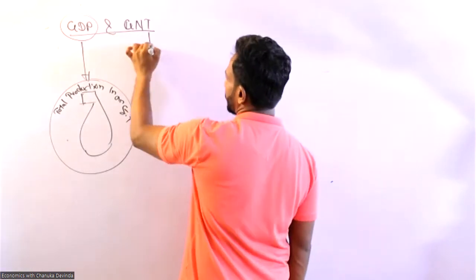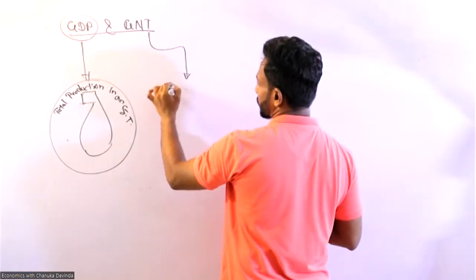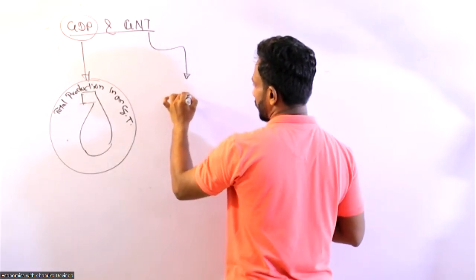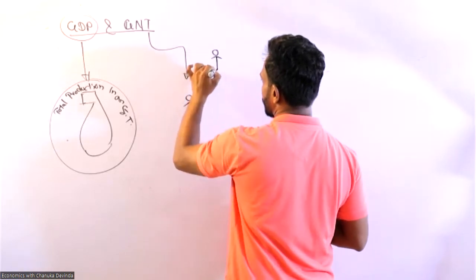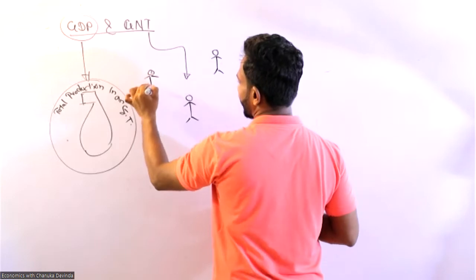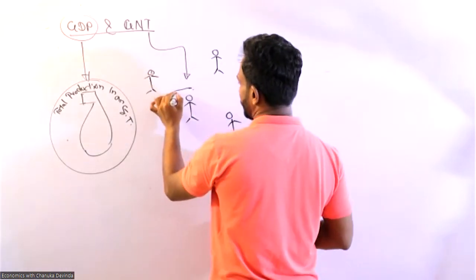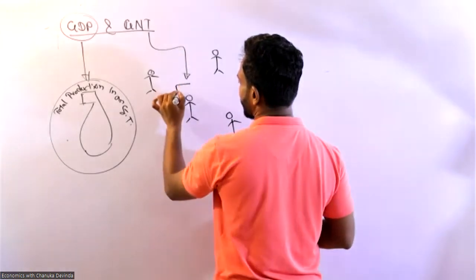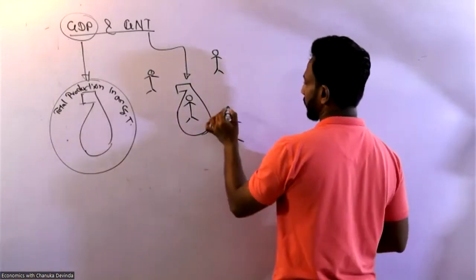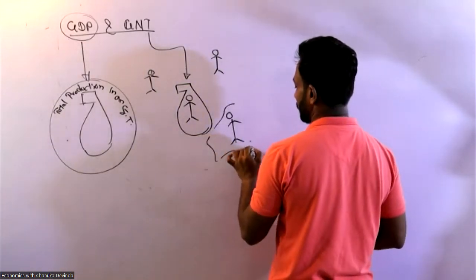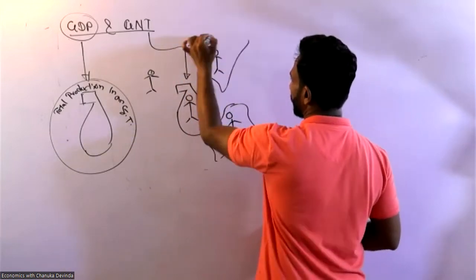And GNI is total production of residential units in whatever the economic area. Maybe in Sri Lanka, maybe in Australia, maybe in India, China, whatever.